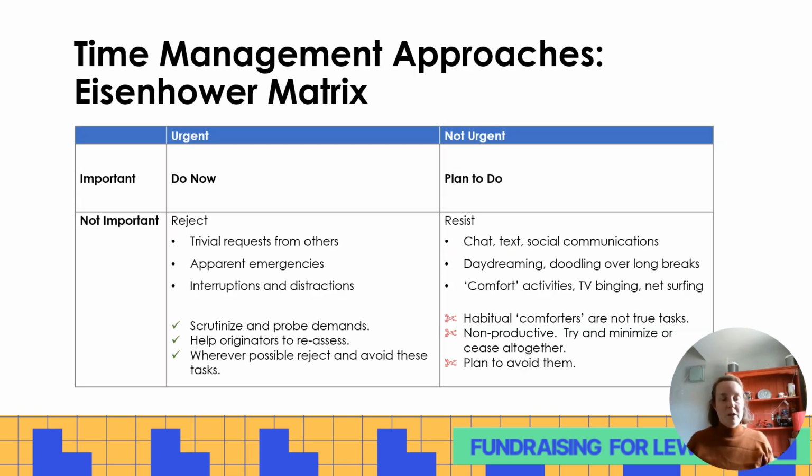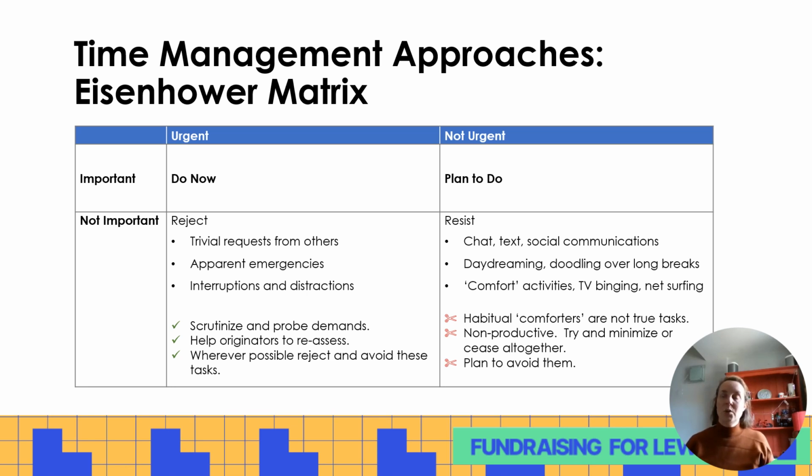If you were here previously, you would have heard from Booker, who covered the Eisenhower matrix. This is comparing what is urgent, what is not urgent, what is important, what is not important. So if you've got a piece of work, you think to yourself, okay, is it urgent? Yes, it's very urgent. Is it important? It's very important. And you can see then you would plug that into do it now.